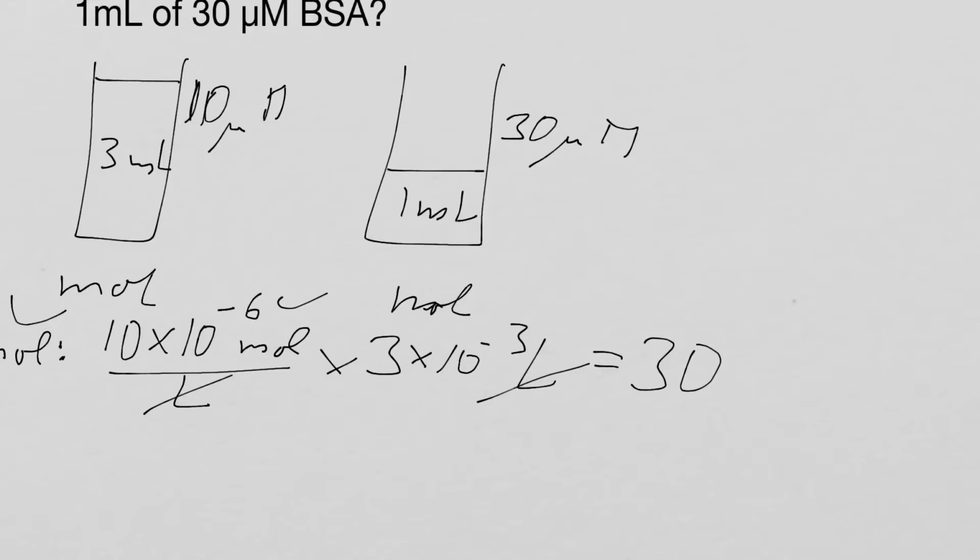Exactly, you just add them up. 30 times 10 to the minus 9 mole. So that's for the first one.